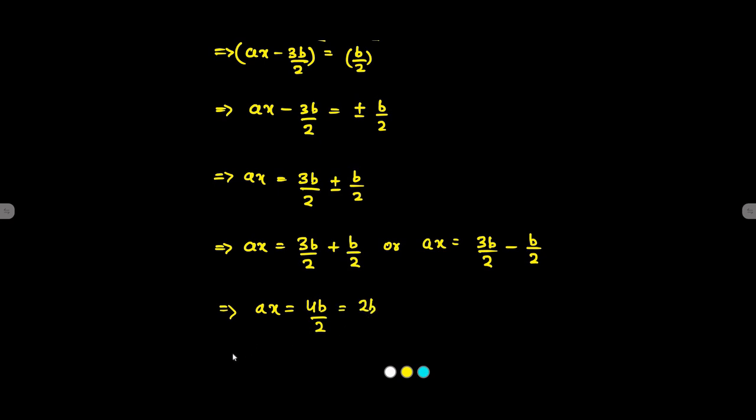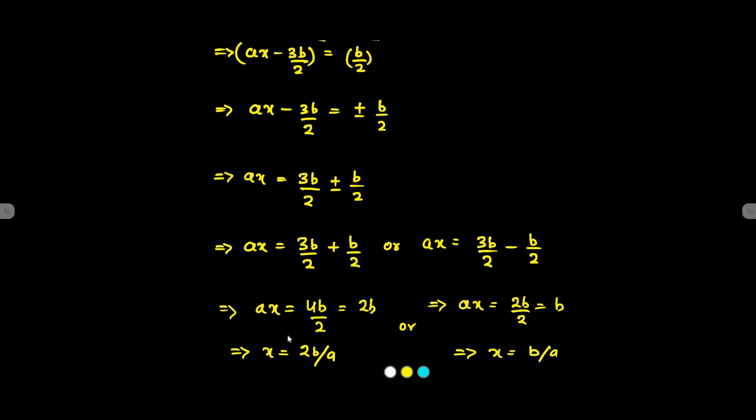That implies x is equal to 2b by a, or ax is equal to 2b by 2, which is equal to b. That implies x is equal to b by a.